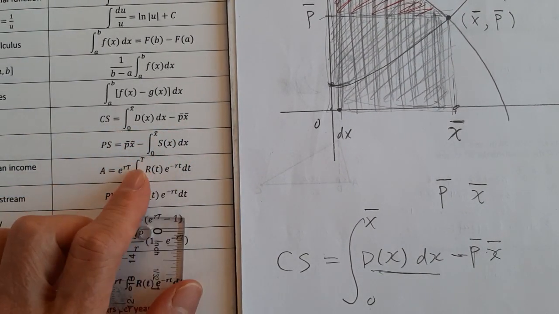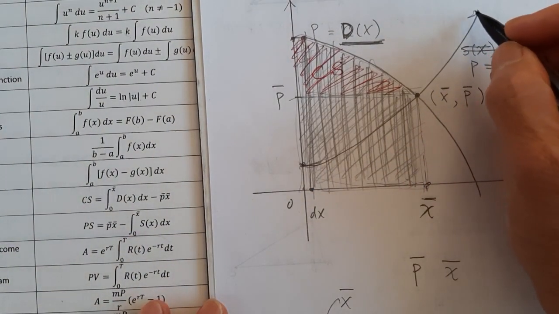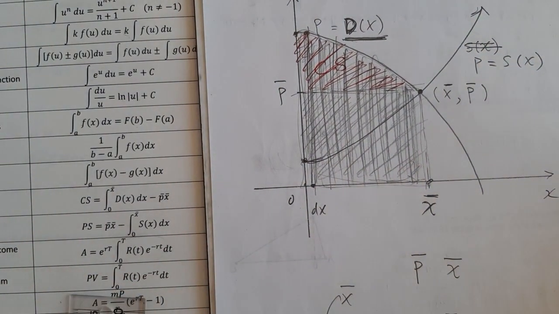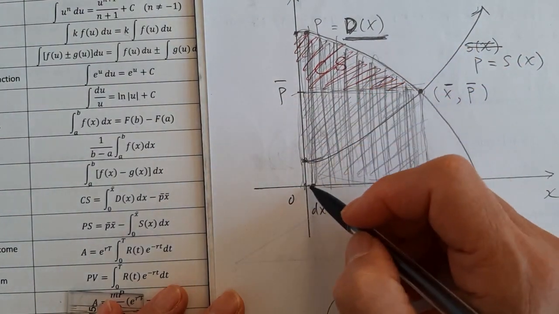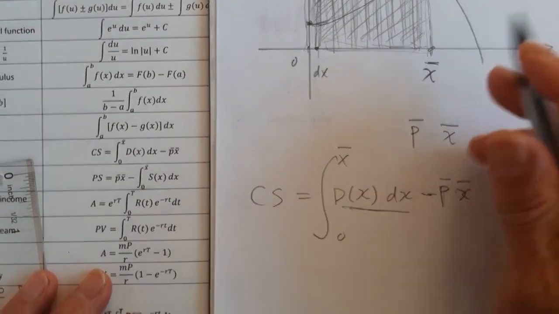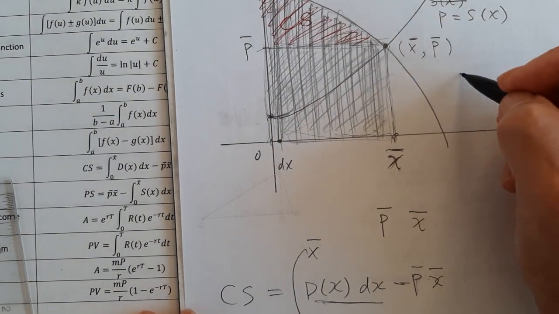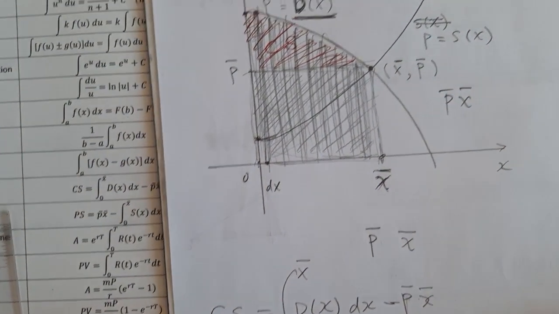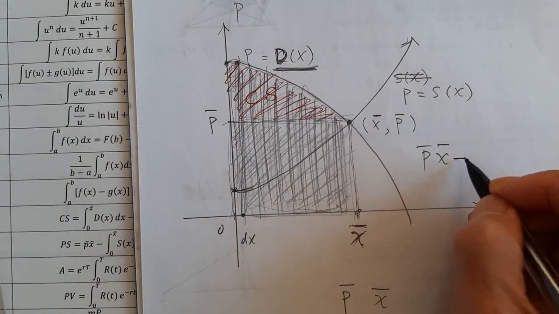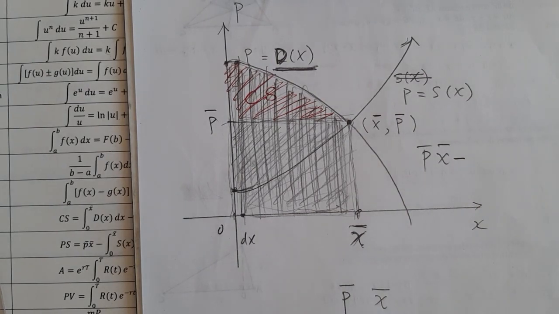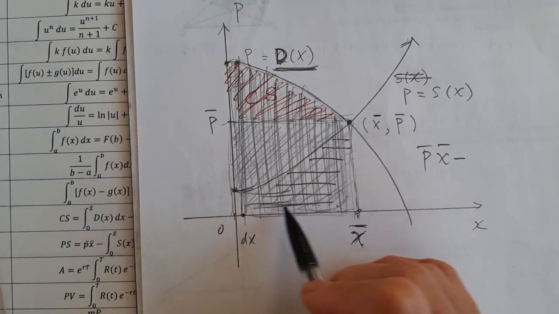And producer surplus. Then we assume in the market the price is p bar, and x bar units are sold out. So it is p bar times x bar, so much money in the market, and minus what is under this supply.